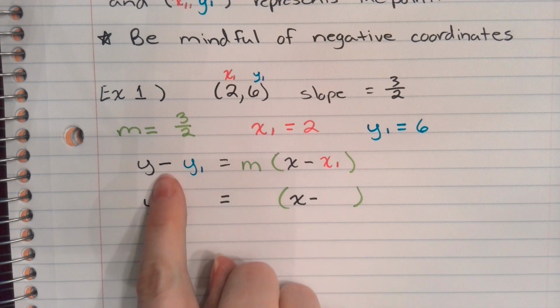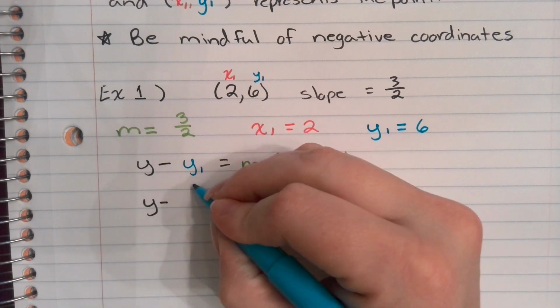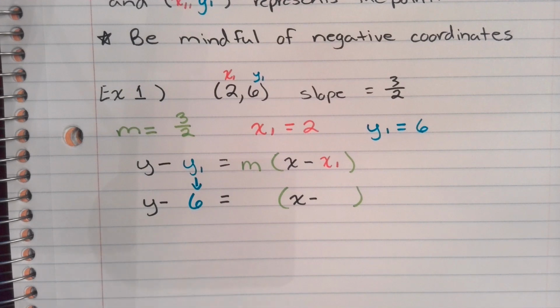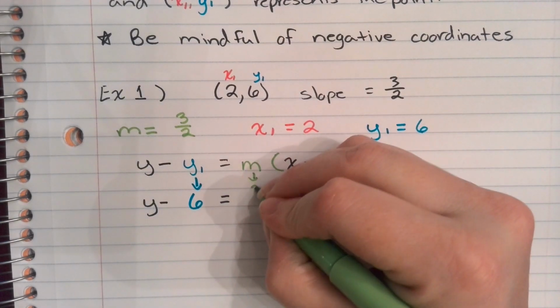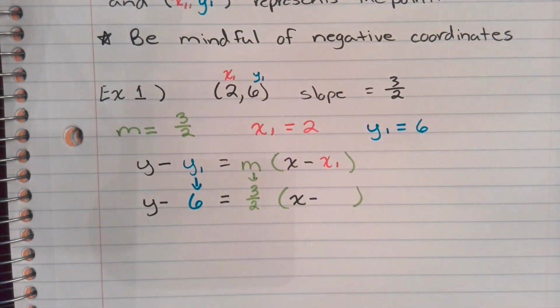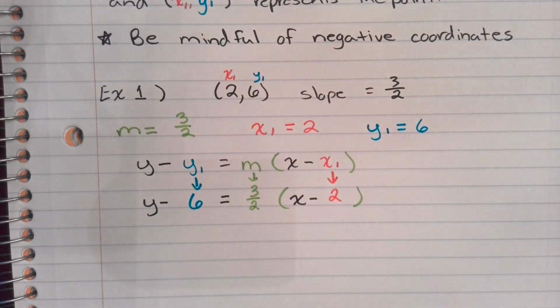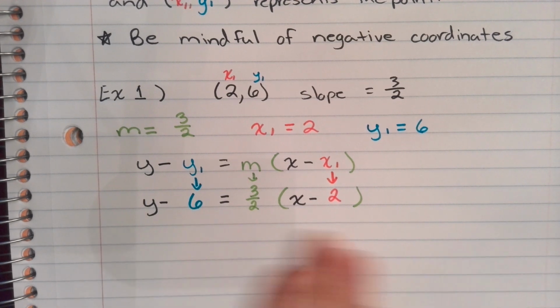So we had y minus y1, so that y1 value happens to be that 6. My m value happens to be 3 over 2. And my x value happens to be a 2. Okay, so there is the point-slope form for the equation.